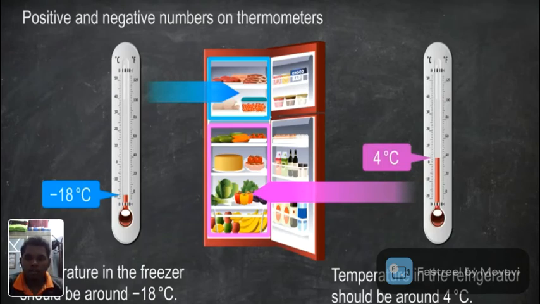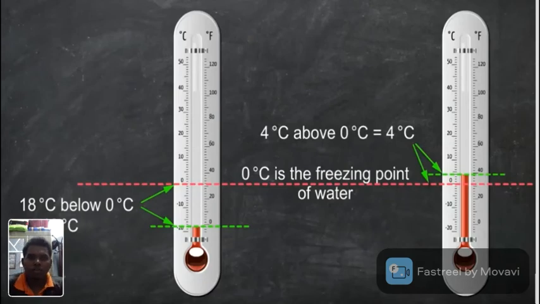Okay, so note that a positive number such as a positive 4 degrees Celsius can be written without the positive sign. Okay, so the next slide we have two thermometers. So on the left, negative 18 degrees Celsius means it is 18 degrees colder than the freezing point of water.